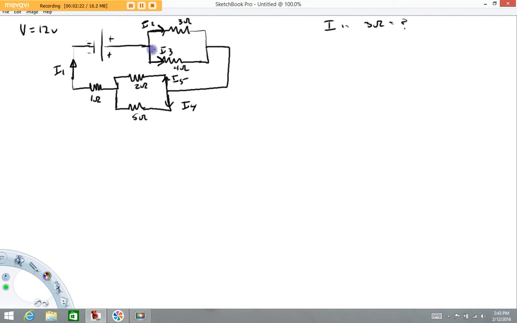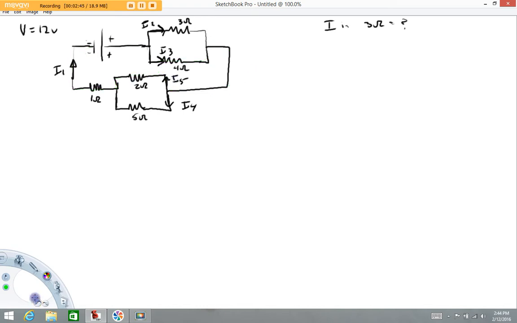I could then write another loop that has two unknowns, I2 and I3. I could write another loop that has unknowns I5 and I4. I'm not even sure how many equations I've written, but I could write this loop, which has unknowns I1, I3, and I5.